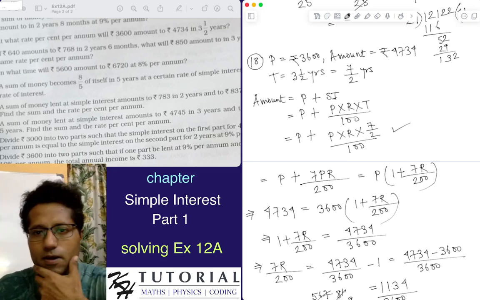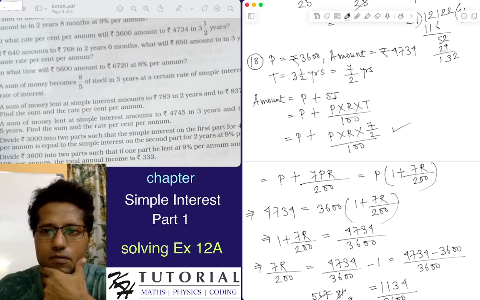From this formula, amount equals P plus SI, you know the principal, so you could have also found SI.